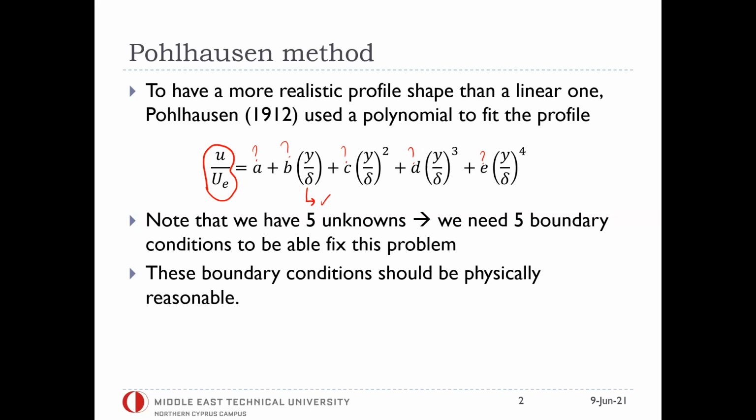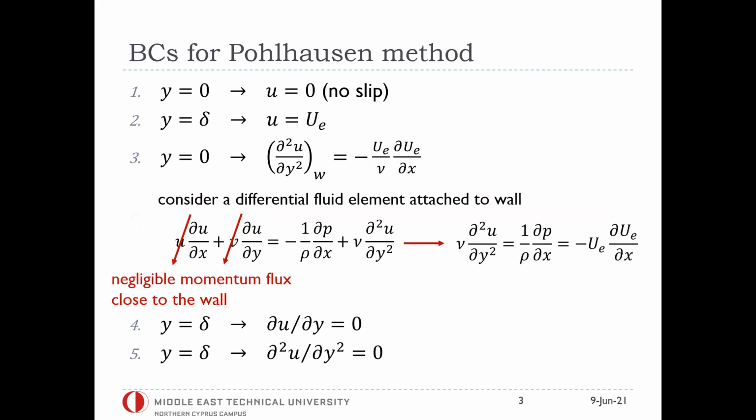This fourth order polynomial that you assumed must satisfy the boundary conditions, so that it is a realistic function that can represent the physical velocity profile. So it should satisfy boundary conditions.